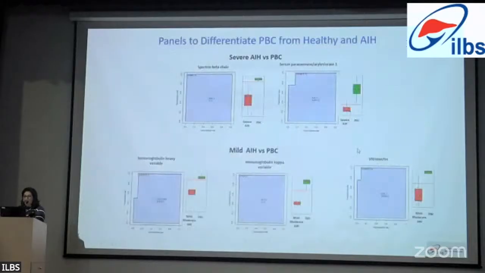Yes, we can differentiate severe AIH from PBC with two proteins, spectrin beta chain and serum peroxidase, which are different in AIH and PBC. Whereas to differentiate between mild autoimmune and PBC, immunoglobulin heavy chain variable A, kappa, and vitronectin can be used as a panel to differentiate between PBC and AIH.